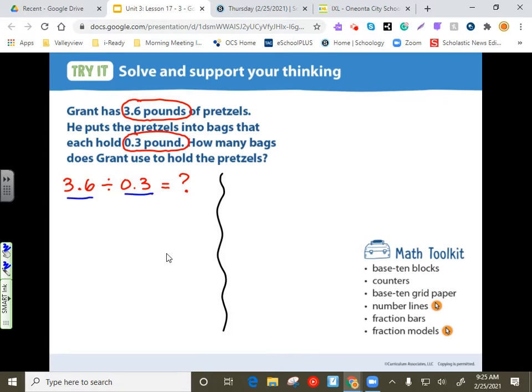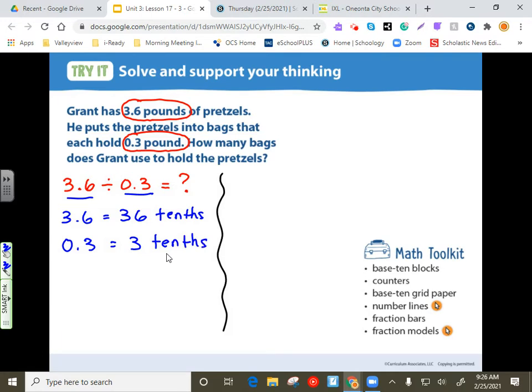To make things easier, if we shift both of these numbers, our dividend and our divisor, we can create whole numbers out of them. So we know 3.6 can become 36 tenths, and we know 0.3 is 3 tenths.